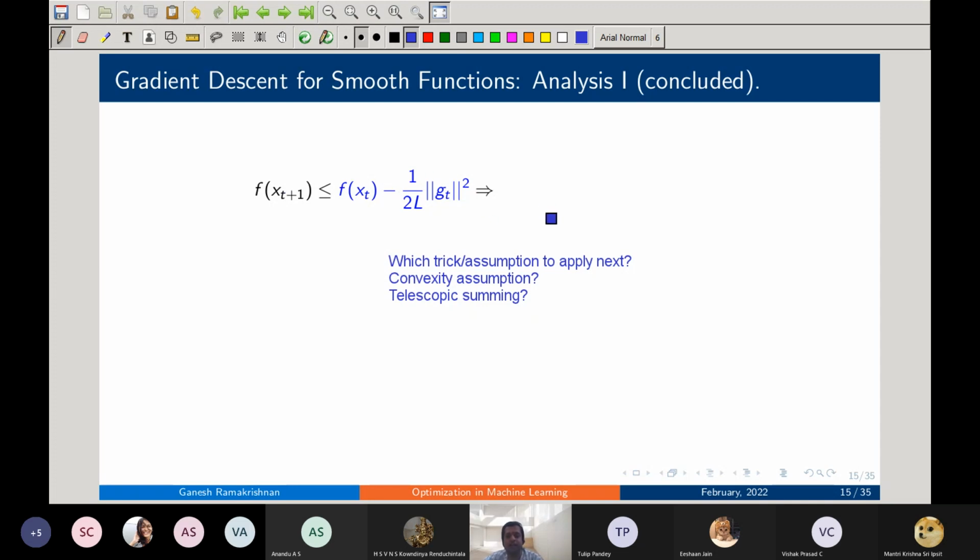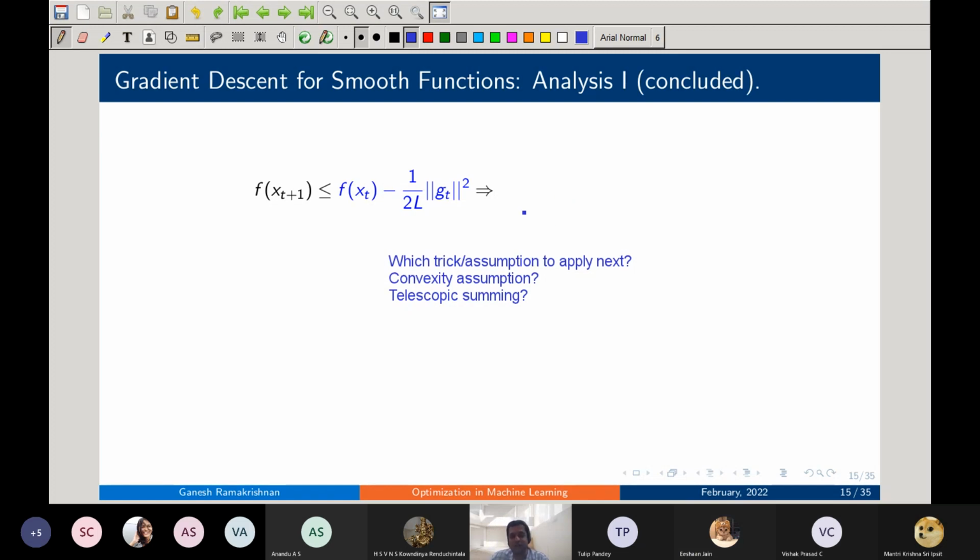Any voting? How many would go for convexity? Anyone for telescopic summing? Convexity, okay, thanks for spelling that out as a possible assumption. Telescopic, okay, there's another opinion as well. Nice to hear that, good to see all of you thinking.